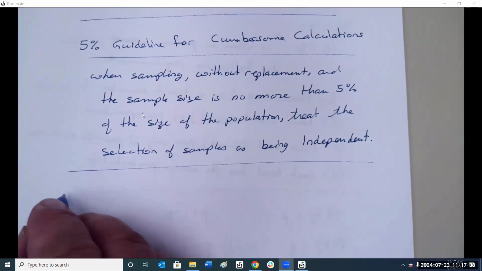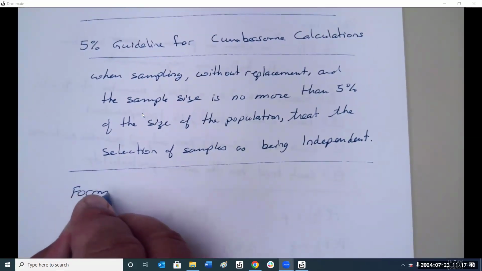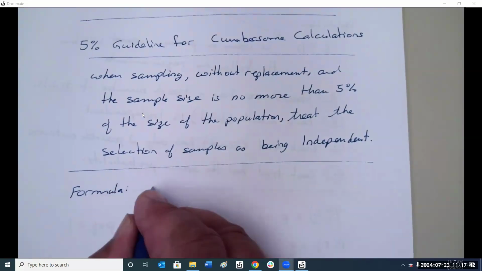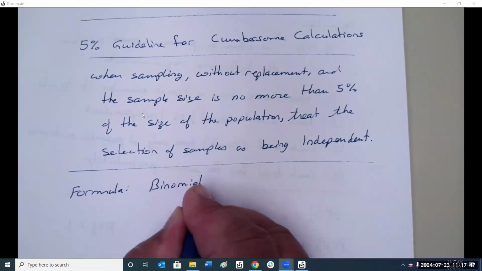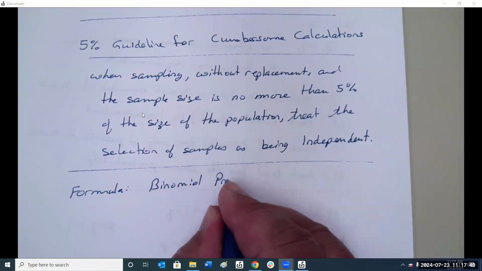Here's the formula we're looking at, the formula for the binomial probability.